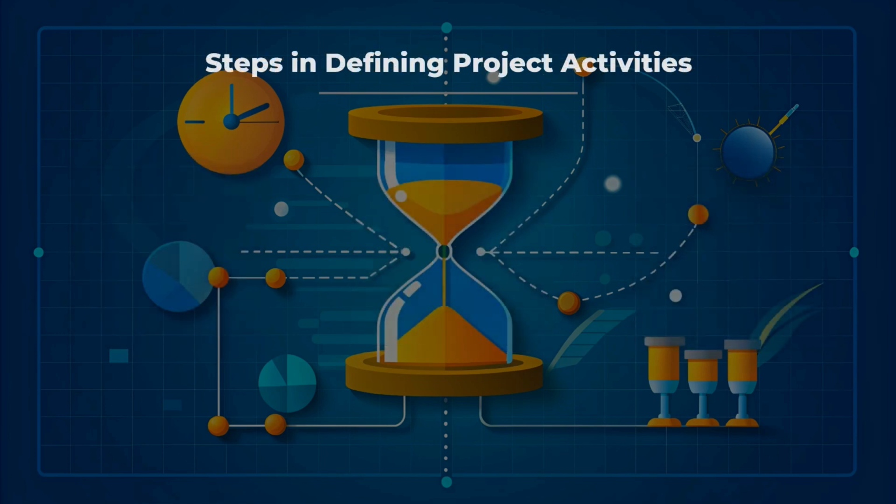Now, let's delve into the specific steps involved in this process. These steps include reviewing the project scope, identifying major milestones, breaking down deliverables, defining activity dependencies, estimating activity durations, assigning resources, and developing the activity list. Let's explore each step in detail.